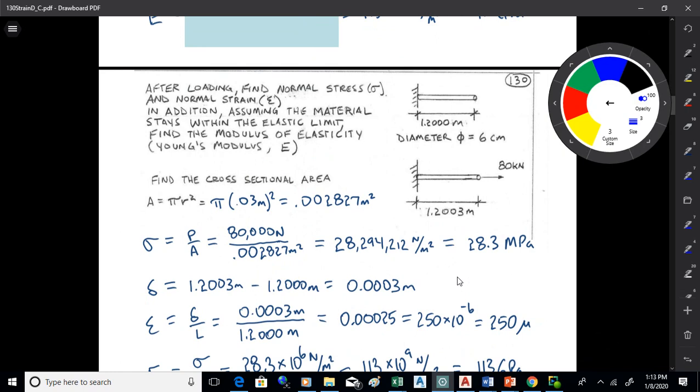The metric prefix for that is micro. So a common abbreviation there for the actual answer, 0.00025, would be 250 times 10 to the minus 6. And it's common just to put that micro symbol after the number to mean 10 to the minus 6. That seems to be a common thing to do. Yeah, question there?